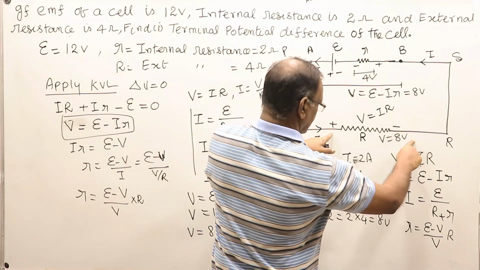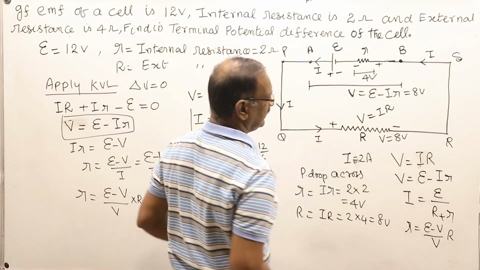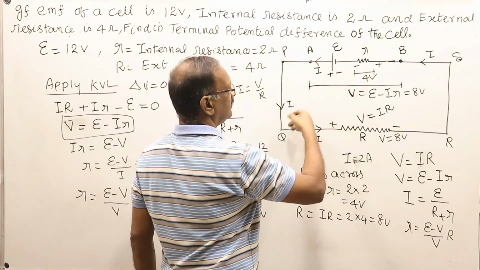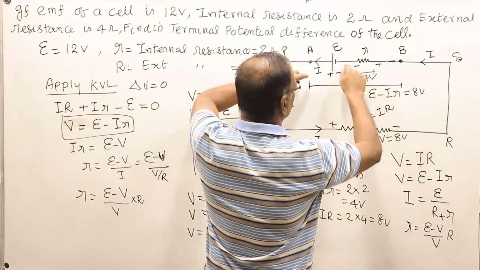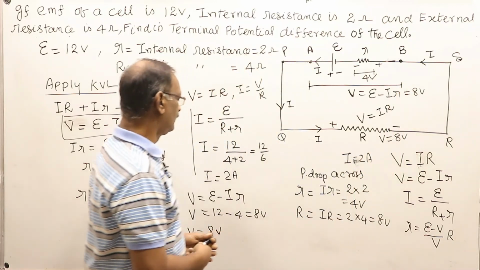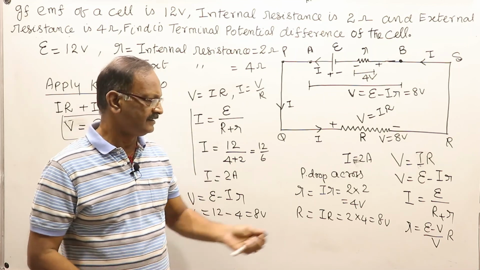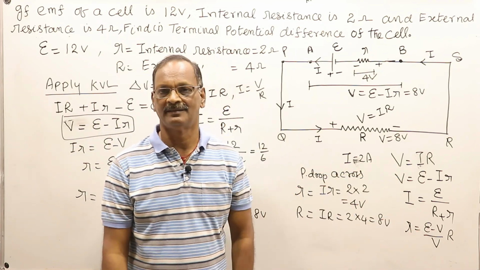The potential drop across the external resistance is 8 volt, which is also equal to the terminal potential difference, that is 12 volt minus 4 volt equal to 8 volt. We can calculate in any one of the given ways. So this is the formula. If you know this formula, you can easily calculate in competitive examinations.